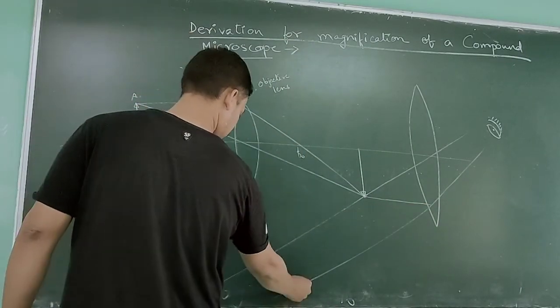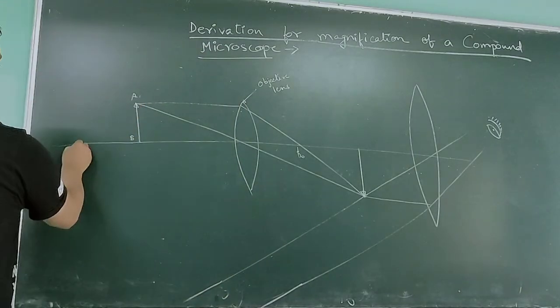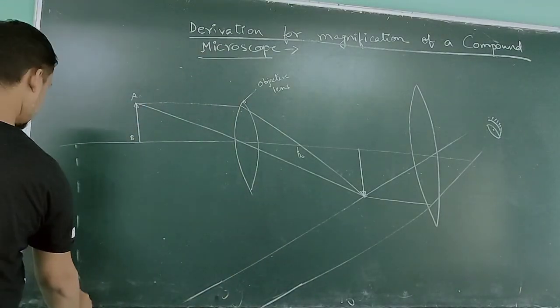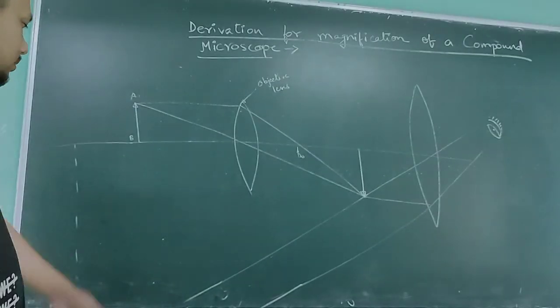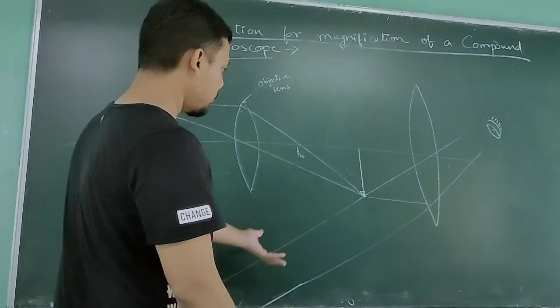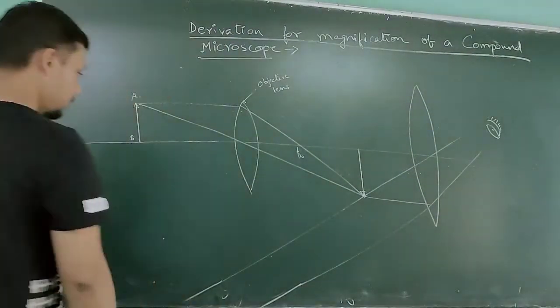Imagine these lines are coming this way and the image will form here. In this position the image will form. I have less space, but in your copies you can definitely draw the whole diagram. These lines are coming and intersecting at this point.